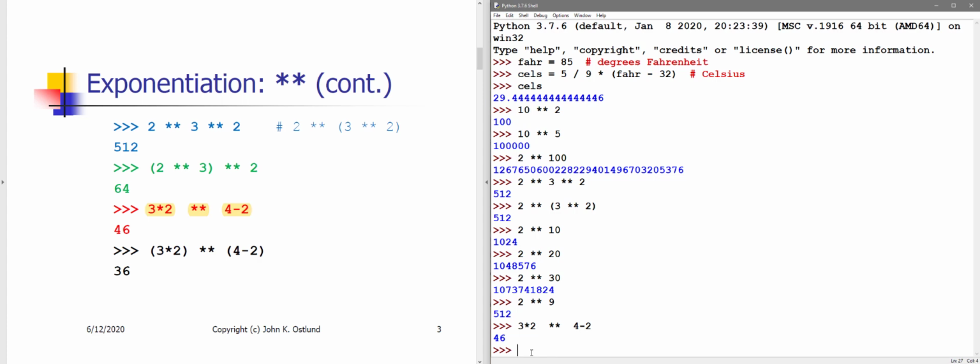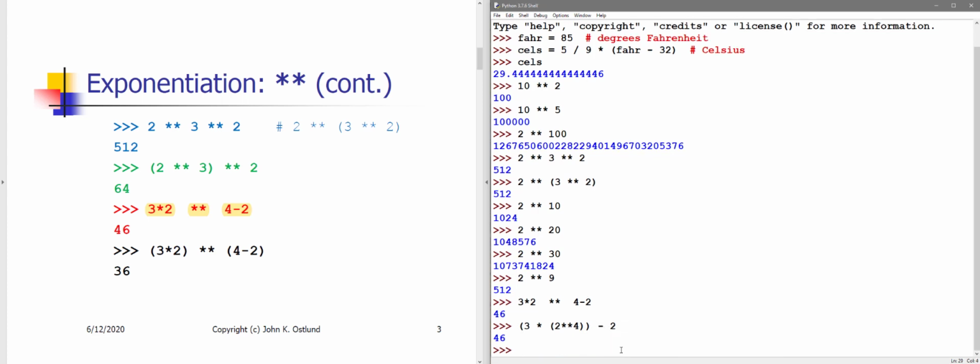So what's actually being done here, regardless of my spacing, is 3 times 2 taken to the 4th power, and then all of that minus 2. Well, let's see. 2 to the 4th power, that's 4 times 4 is 16. And 3 times 16 is 48. Finally, 48 minus 2 is 46.